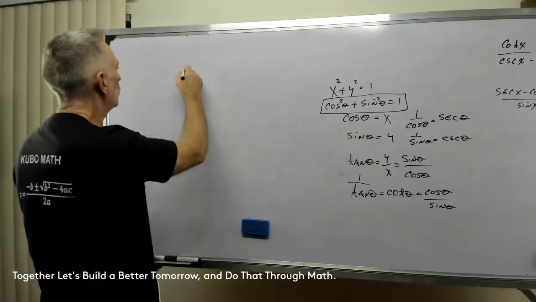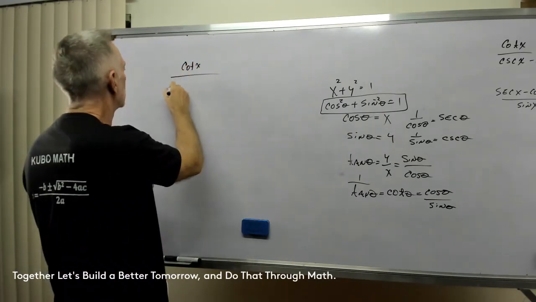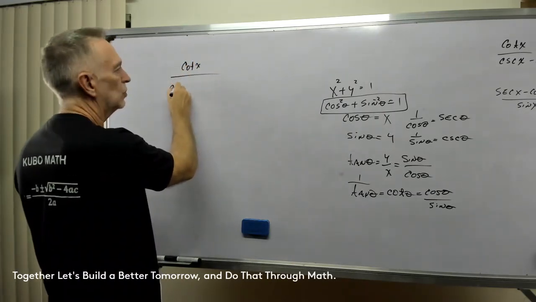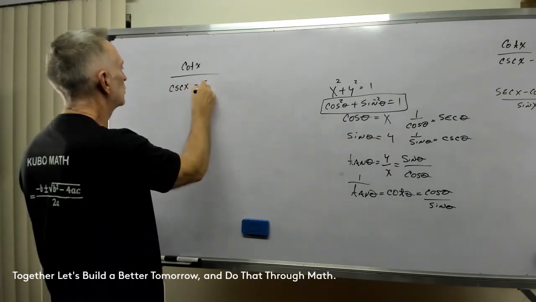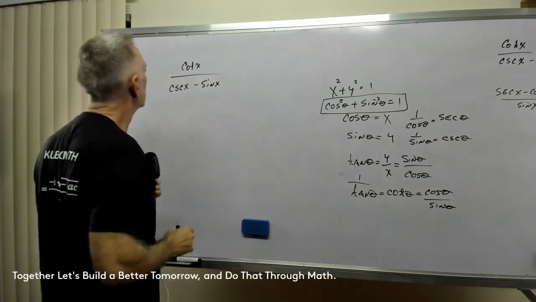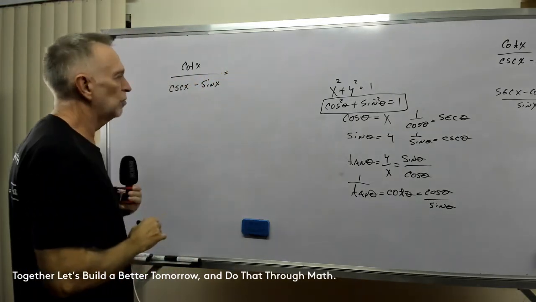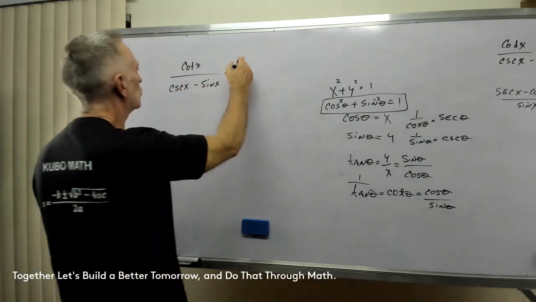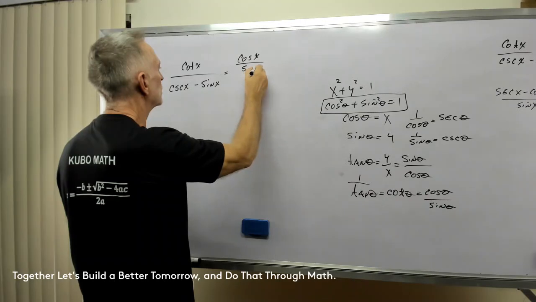Okay, we have cotangent x divided by cosecant x minus sine x. Well, cotangent, we just worked that a moment ago. We said that was cosine x over sine x.